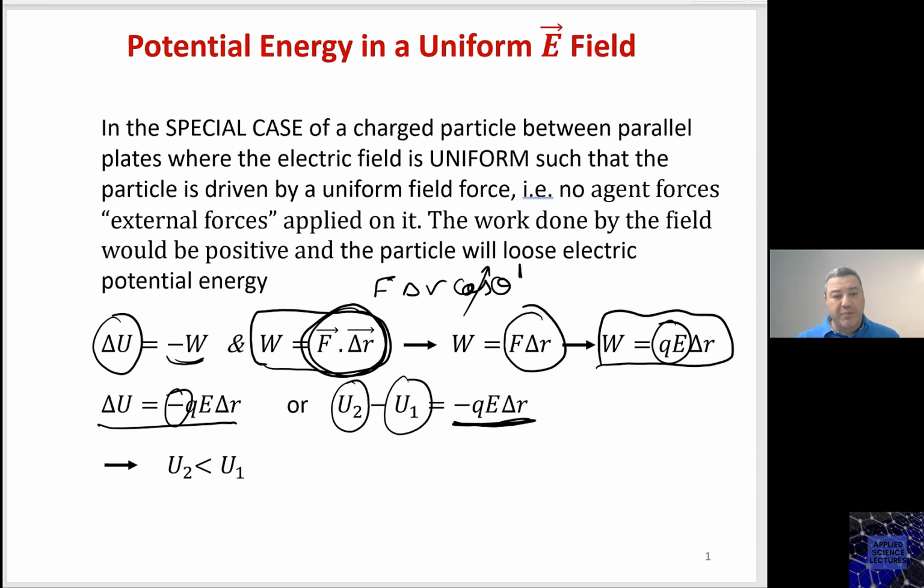And this proves what we have just said: if there are no external forces applied on a charge in the presence of an electric field, then this charge will tend to go in the direction such that its electric potential energy decreases.